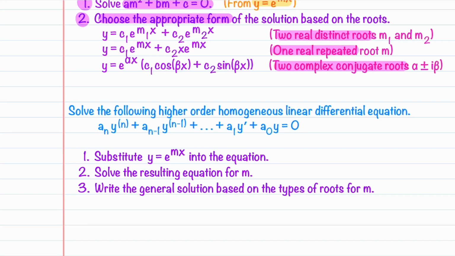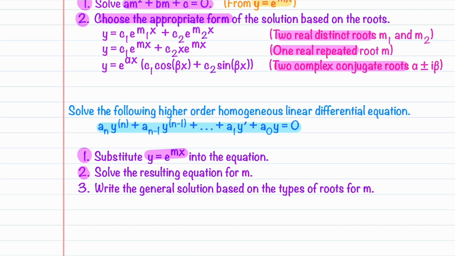The other type of homogeneous linear constant coefficient equation that you might be asked to solve is a higher order one. And I've just written down the general form for that right here. The steps are going to be pretty similar to the ones that we just looked at for solving a second order equation. The first step is to substitute y is equal to e to the mx into the equation.